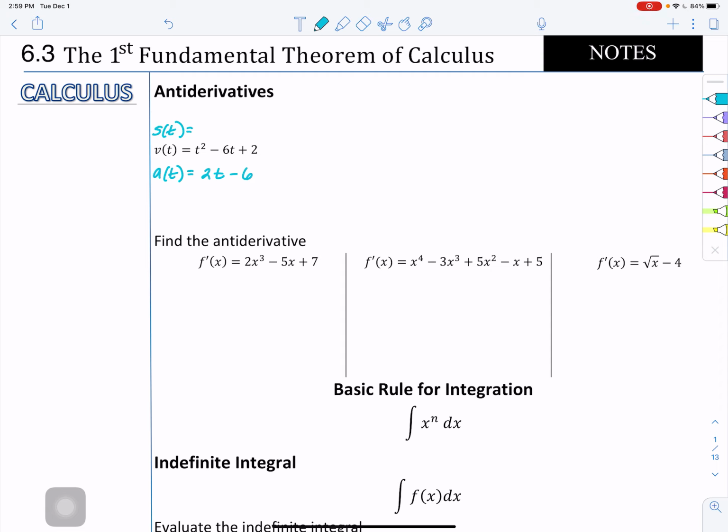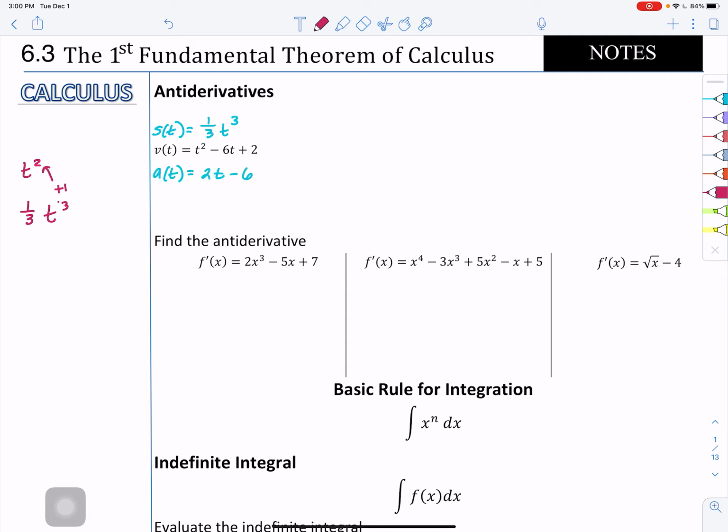Well, it would be 1/3 t cubed. Now, you might wonder where I got that, but let me show you over here. If I start with t squared, I'm going to add 1 to 2 and divide by that.